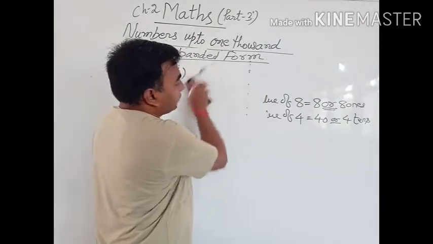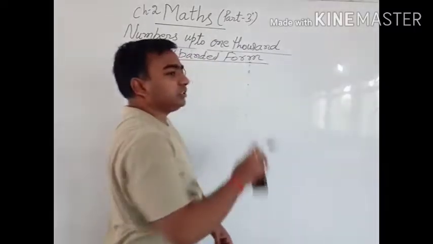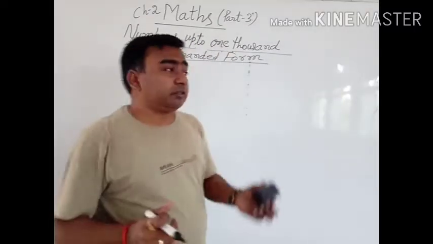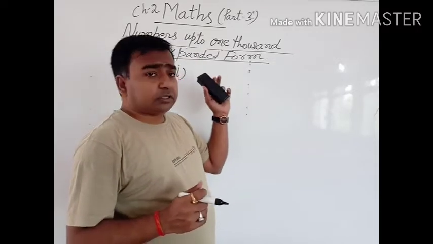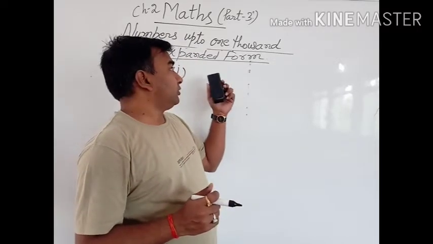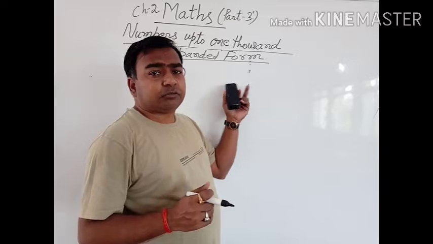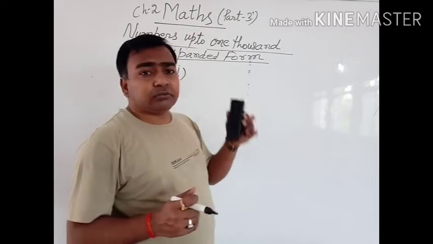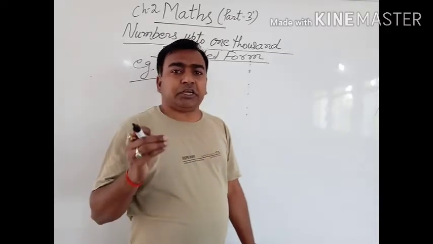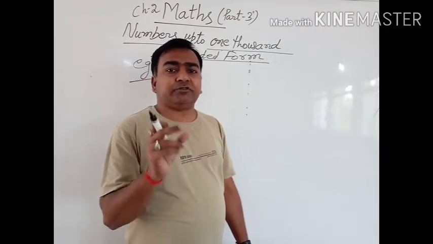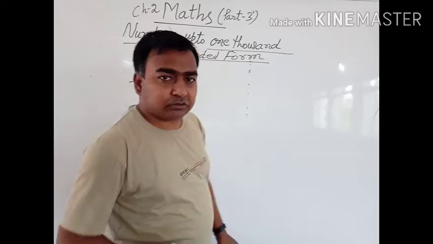So this is an example. Now after this we will learn how we can write a given number in expanded form. First we will try to learn the expanded form of 2-digit numbers.